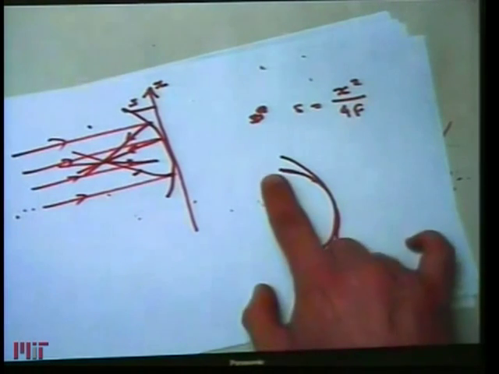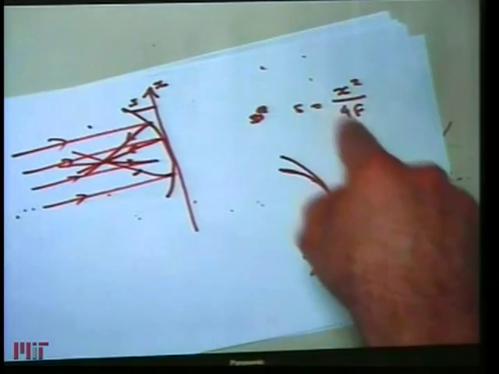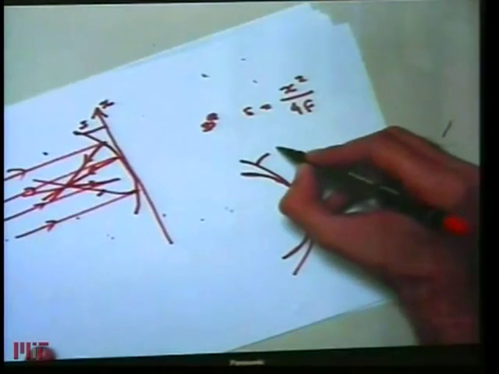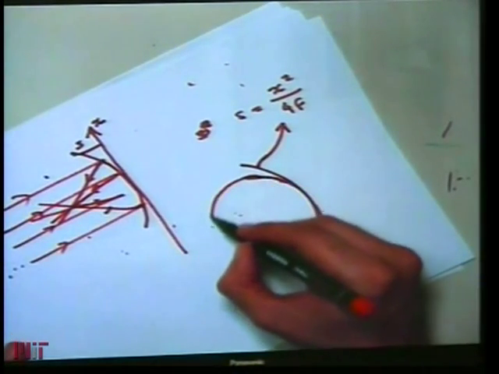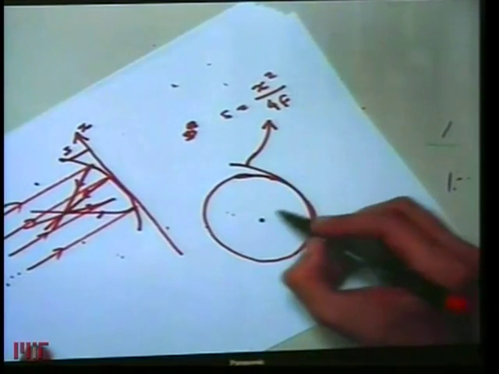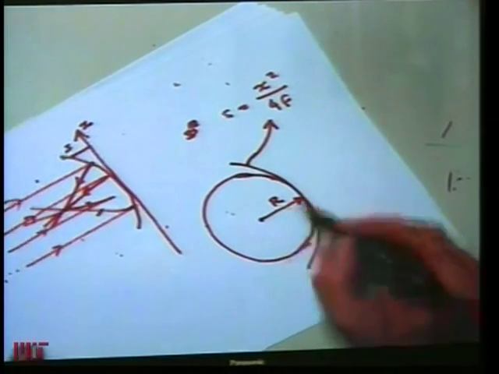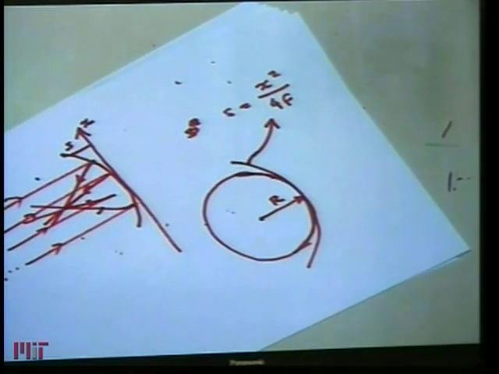So what we're trying to find here is the radius of the sphere that best matches the ideal parabola, given by this equation. That's not a very good looking sphere, but anyway, let's call it a sphere. And the question is, what is the radius of curvature of this sphere that will match the parabola ideally?